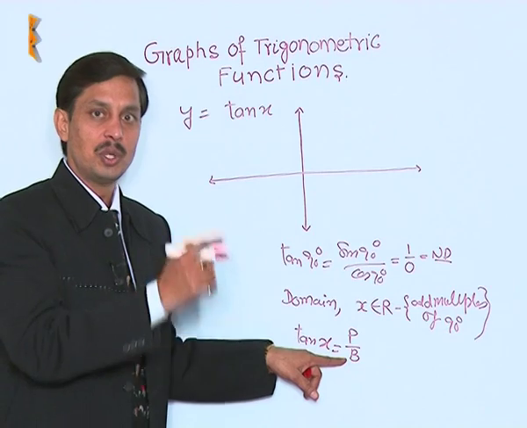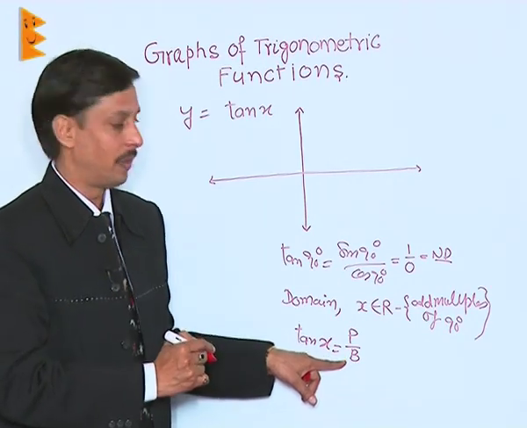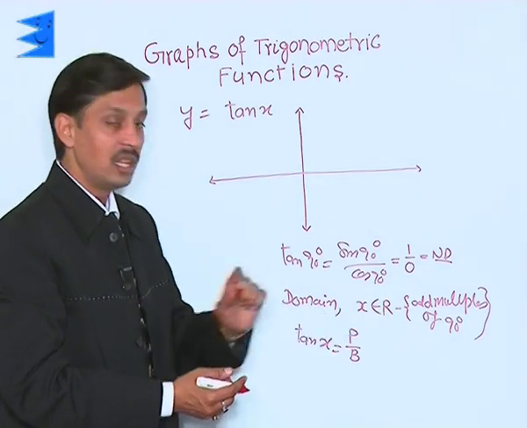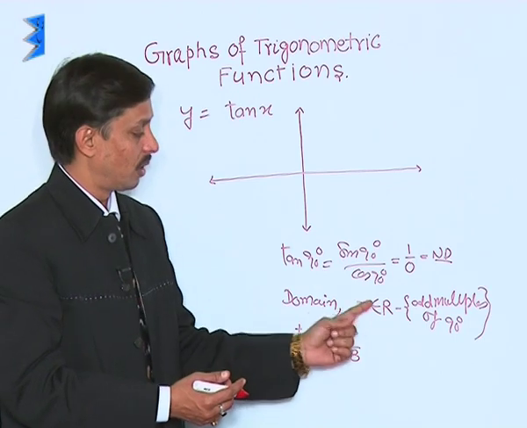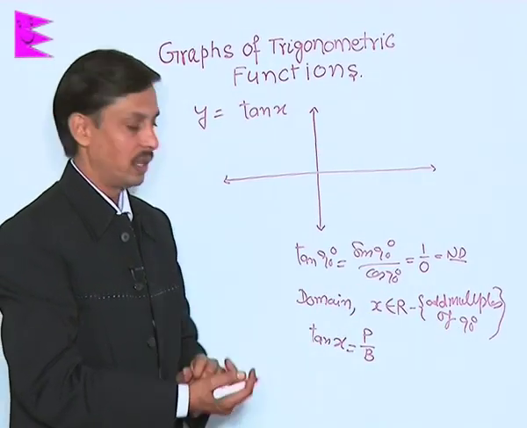And the base becomes 0 only on odd multiples of pi by 2. So the domain of the tan function is every real angle x other than odd multiples of pi by 2 or 90 degrees.